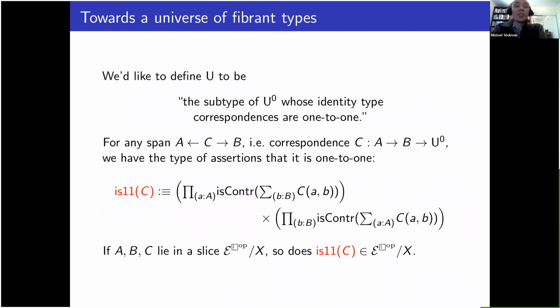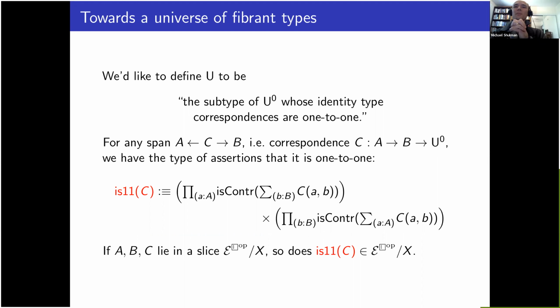So what we'd like to do is define the universe U. I'm calling U0 this non-fibrant universe. I'd like to define U to be the subtype of U0 whose identity type correspondences are one-to-one, so that on each side, the type of correspondences on the other side is contractible. This doesn't quite make sense, but we'll be able to make sense of it.